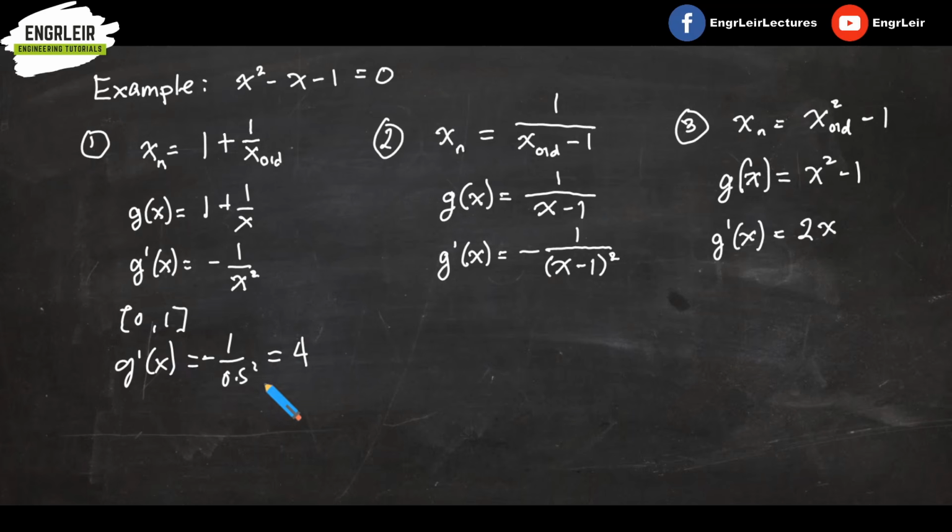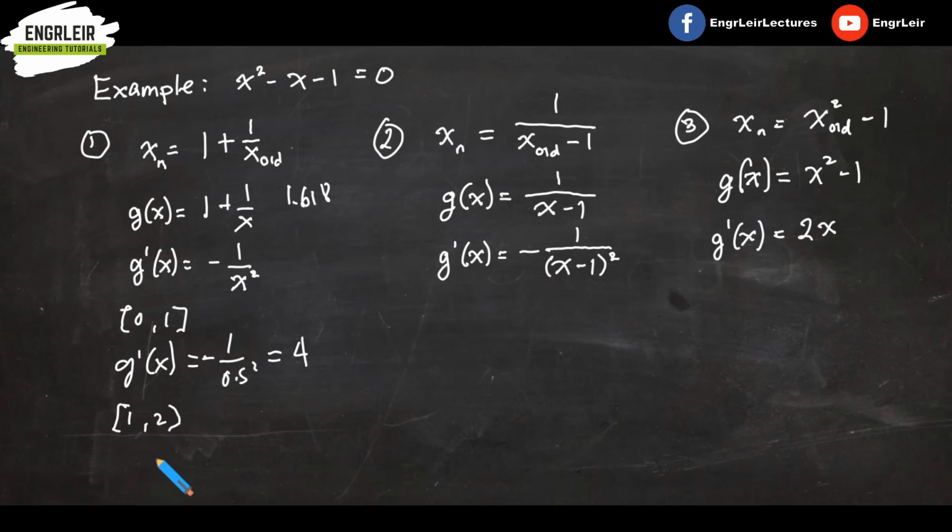So ma-assure ko na kapag ito yung sinubstitute ko dito, hindi ako makakuha ng convergent value between 0 and 1. Diba? Actually, ito yung mag-give nung value na 1.618. So siguro, try natin between 1 and 2, dahil alam naman natin na yung root is 1.618.